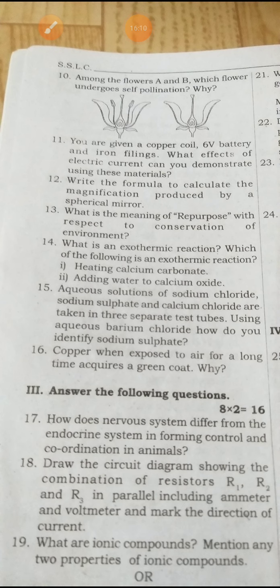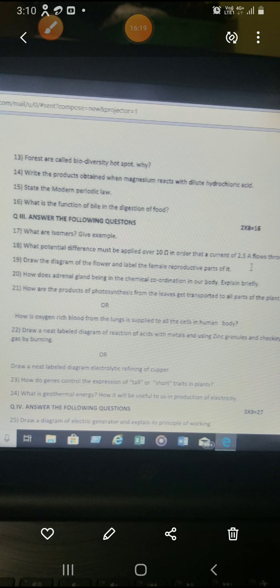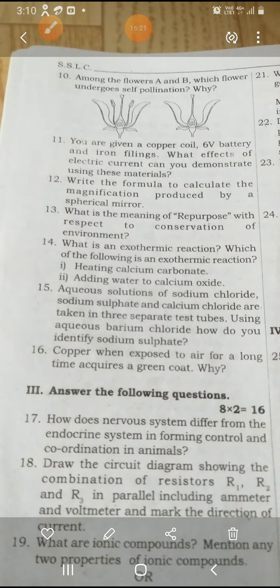Still I'm going to answer it, just kindly go through it. So the 17th question: how does the nervous system differ from the endocrine system in forming control and coordination in animals? So what you have to write for this?